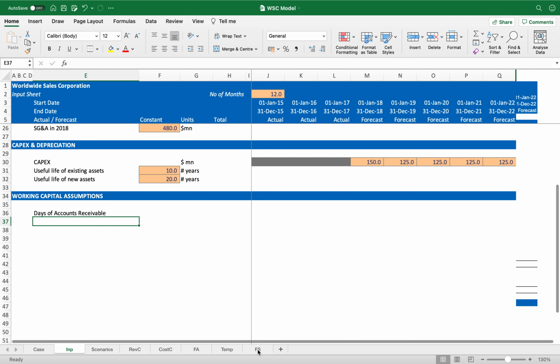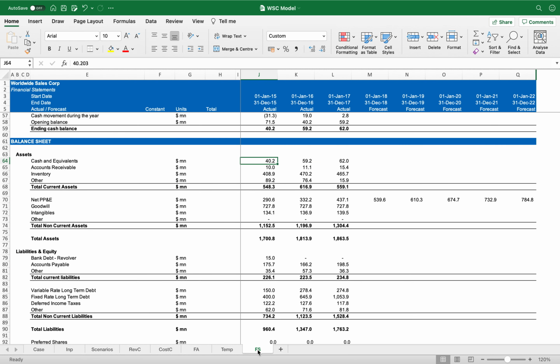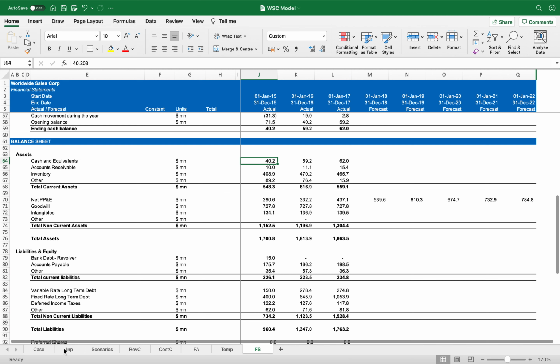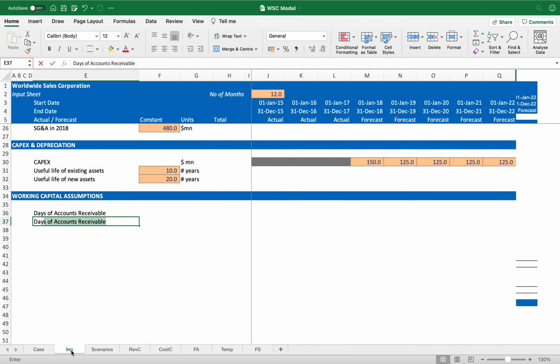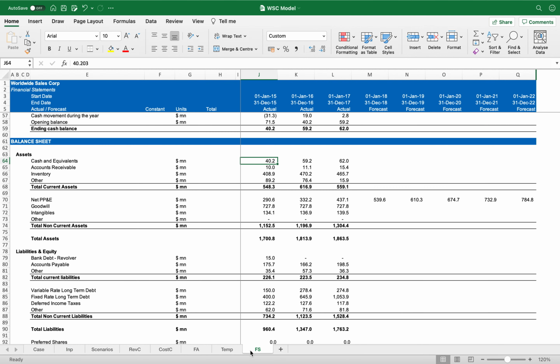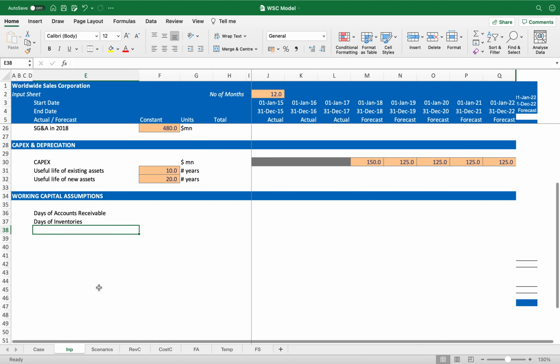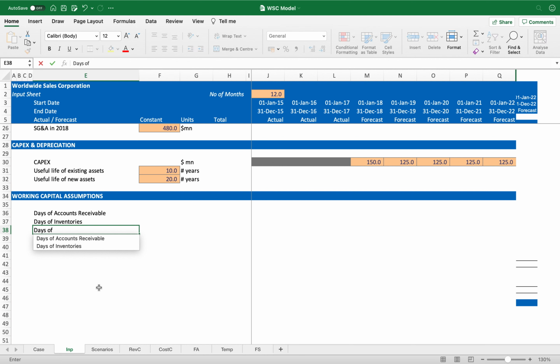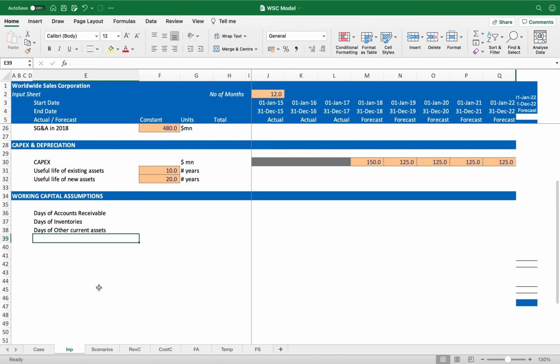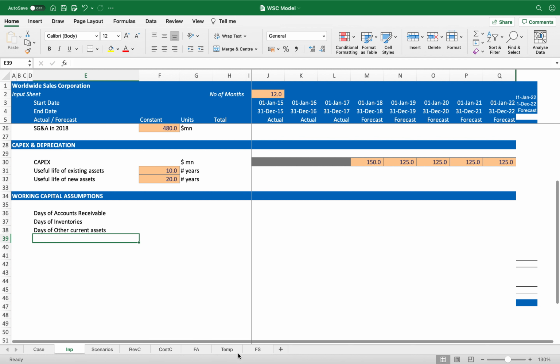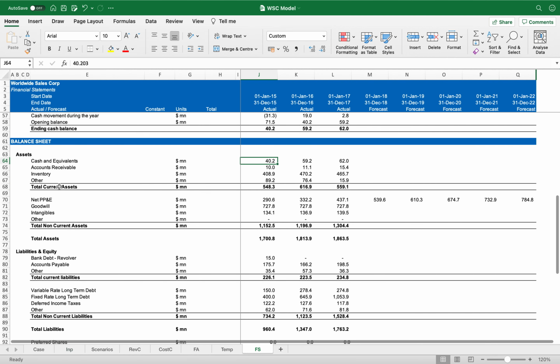So let's just go to the input sheet and link days of accounts receivable. Then what do we have next? We have inventories. So days of inventory. Next, other current assets, days of other current assets. Fair enough. Do we have any other current asset?